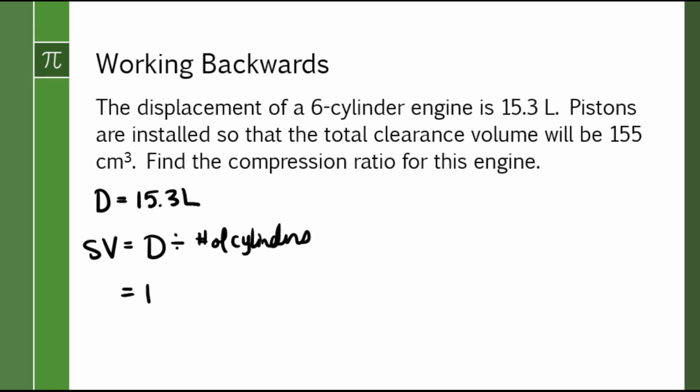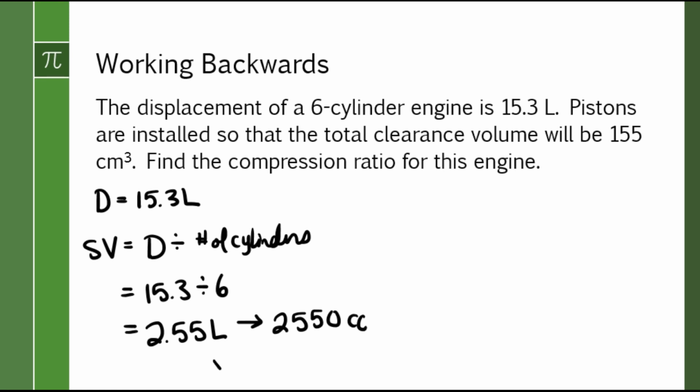So I'm going to take 15.3 and divide it by 6. That'll give me about 2.55 liters. Now, liters, not particularly useful to me in this question, so I'm going to change that to 2,550 cc. What did I do? I just multiplied by 1,000. Okay, so that's my swept volume.